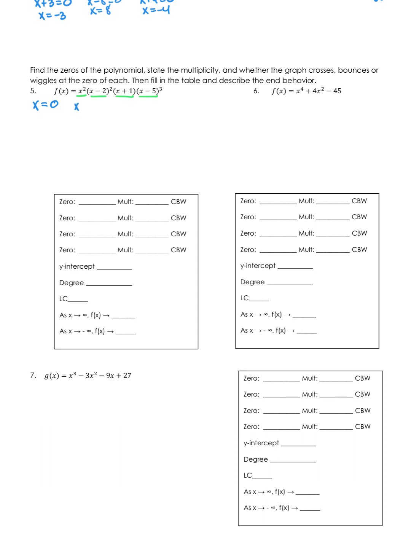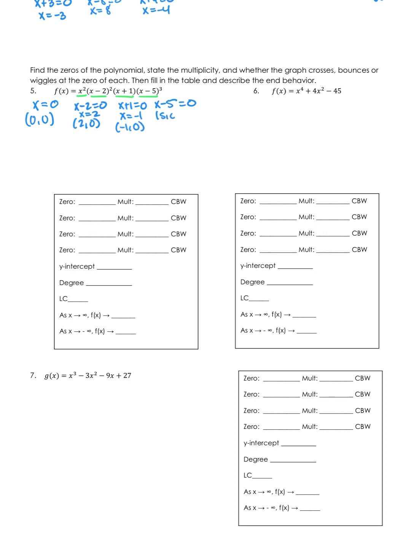Then you're going to set x minus 2 equal to 0, x plus 1 equal to 0, and x minus 5 equal to 0. So our zeros will be 0, 0. From this, we'll get x equals 2, and that'll be 2, 0. From this, we'll get x equals negative 1, and that will be negative 1, 0.